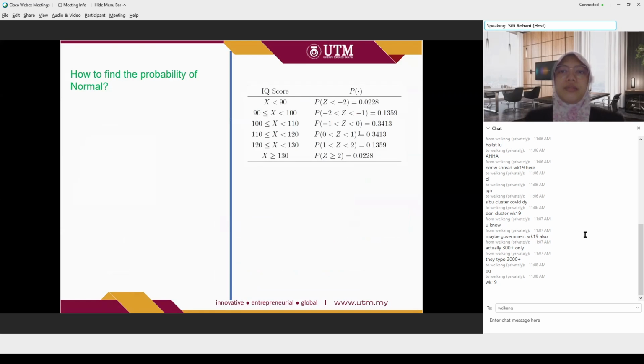And then this one, why is this one more than or equal to 2? Because the summation of all these probabilities should be equal to 1. Since the previous probabilities already covered 1 and less than 2, the last one should be more than or equal to 2, because the previous one doesn't include number 2.